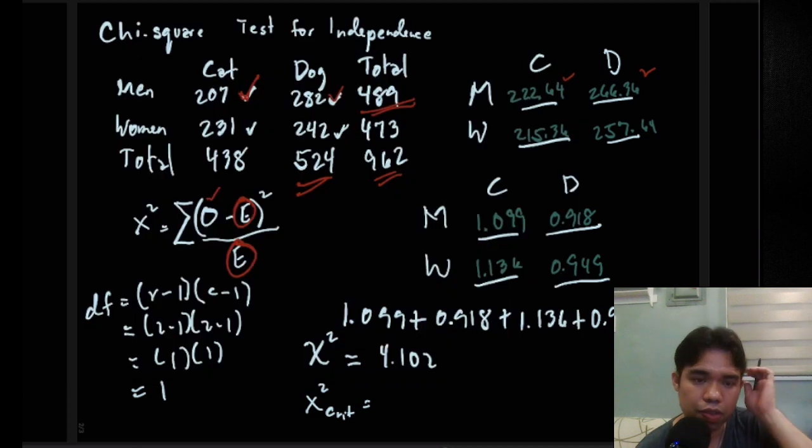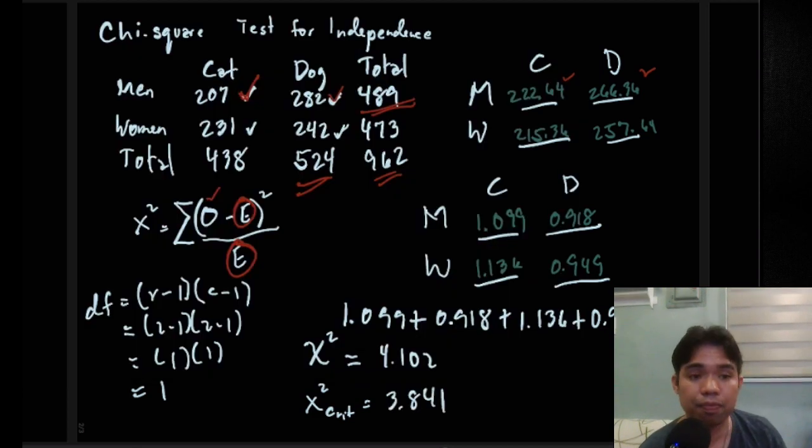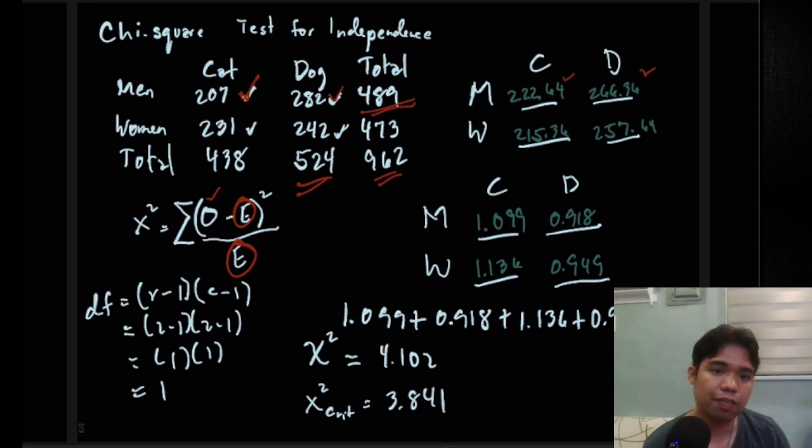So let's remove our table now. It's 3.841. Now for us to say that there is a significant relationship between the two categorical variables, the sex and the type of animals, cat and dog, the chi-square value must be bigger than the chi-square critical.